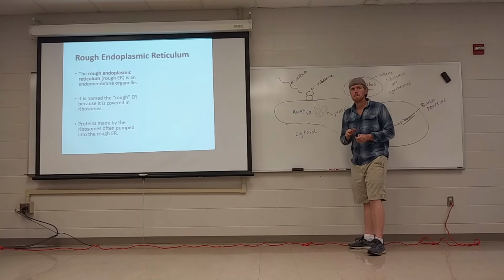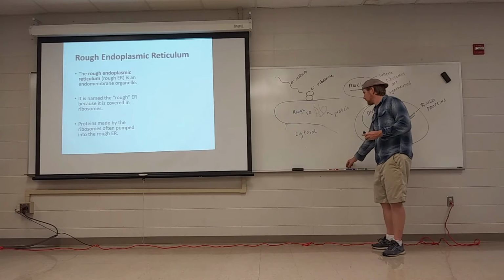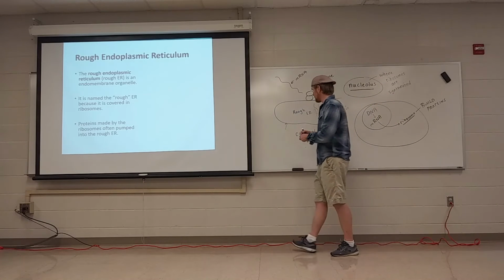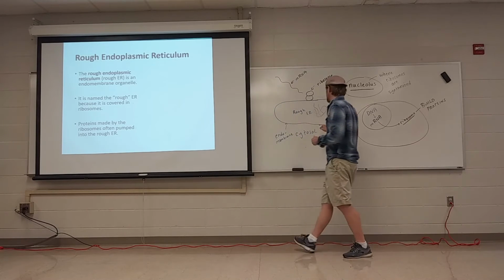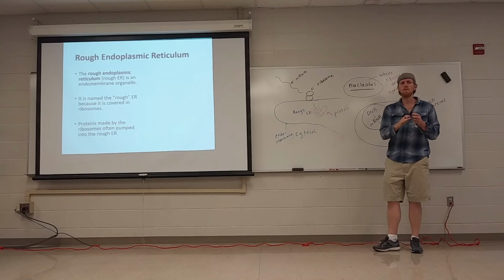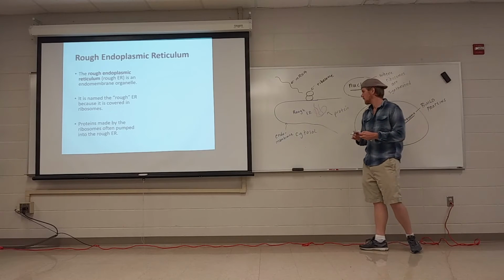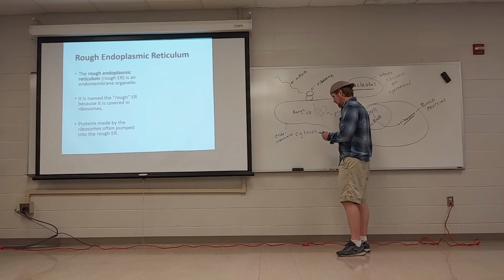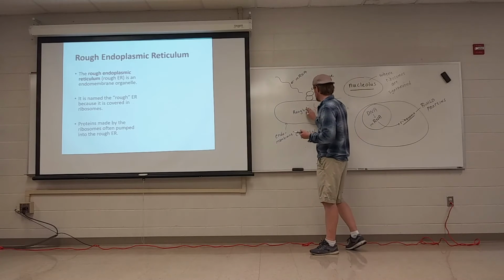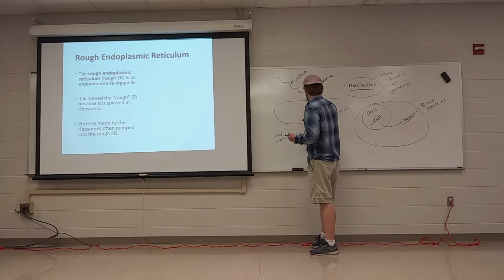Now what happens? Well, if you remember the endomembrane here, the endomembrane of the rough ER, it can move around the cell, which means our protein here can go over. It's not going to look exactly the same, so just be aware of that.